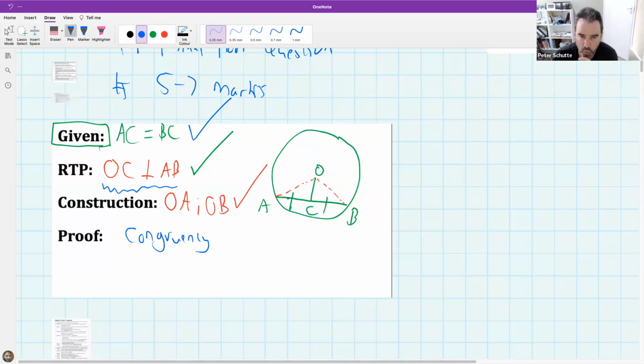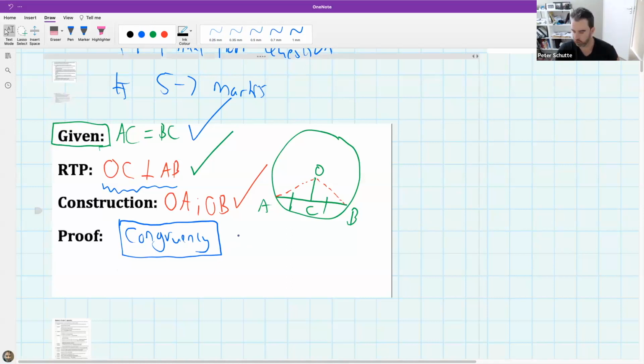We are going to work with these two triangles to help us prove that OC is perpendicular to AB. Yes, we're also going to use radii to help us as we go. But before I show you the exact proof, give me a thumbs up if you recognize the word congruency and you know about the different cases of congruency.